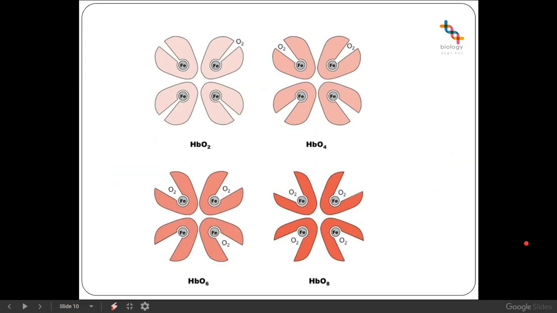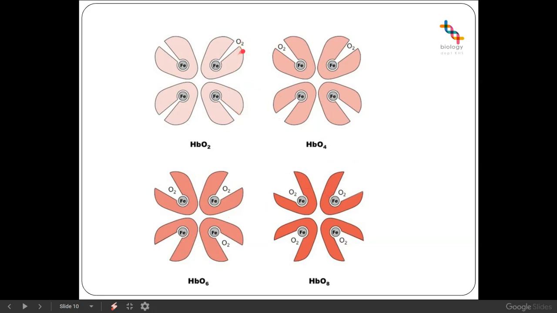Now, as a result of this, we can see something called cooperativity in some proteins. And one of the best examples of this is the binding and release of oxygen by hemoglobin. So as you can see, if we have our hemoglobin molecule here and it's ready to bind oxygen, the more oxygen molecules that are bound by that hemoglobin molecule, the greater the space for further oxygen molecules to be bound becomes.